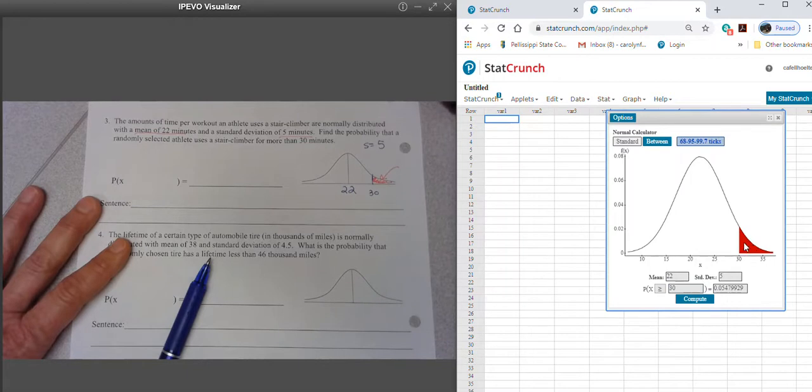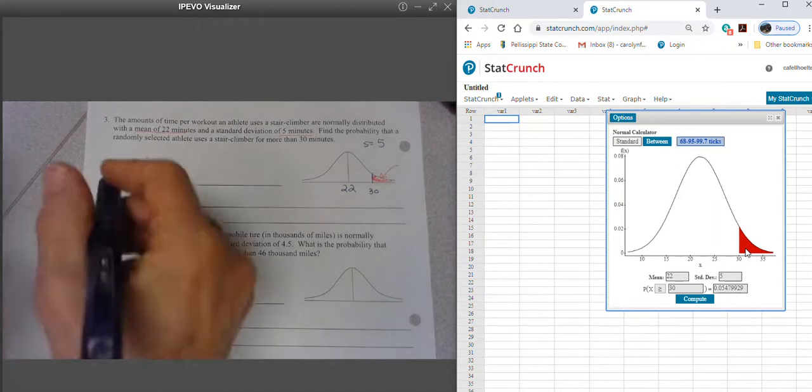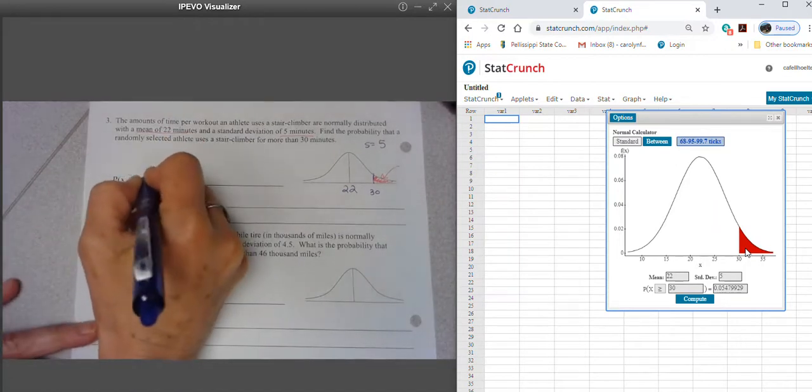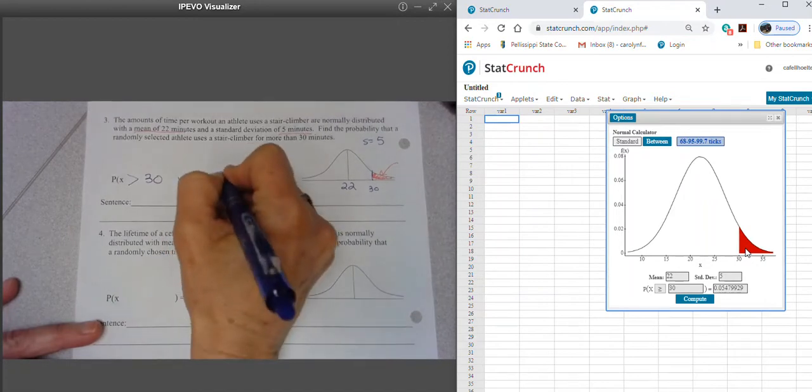We've got this little red tail, which is the area underneath the whole curve. The percent that's shaded is about 5%. So if this is 5% of the area under the curve, that translates to a 5% probability that somebody would spend more than 30 minutes on the treadmill. Going back to our problem, the probability that an athlete would spend more than 30 minutes on the treadmill is equal to 5%.